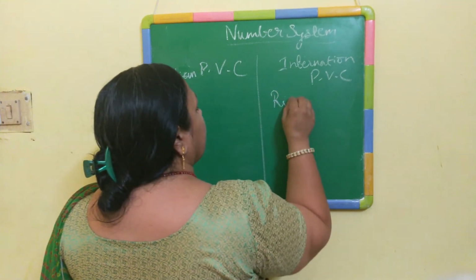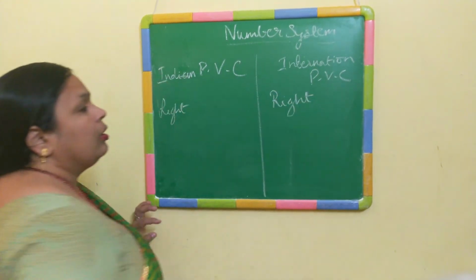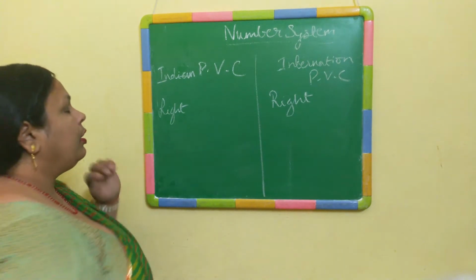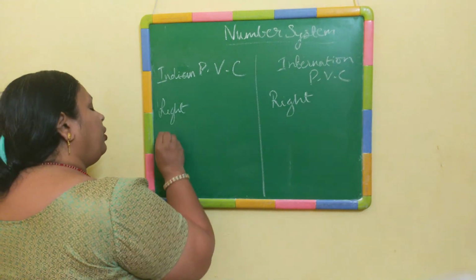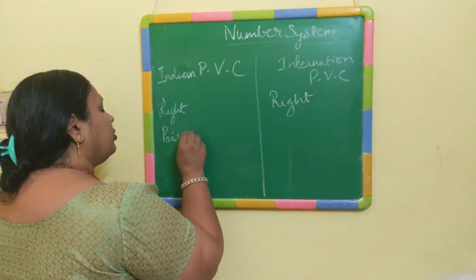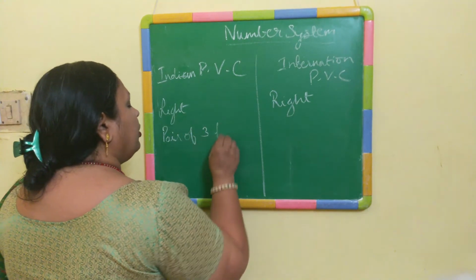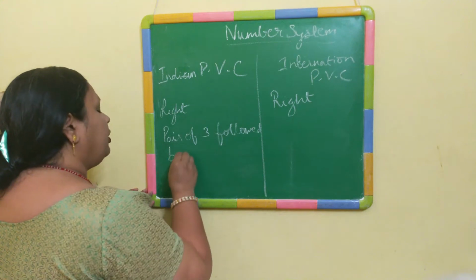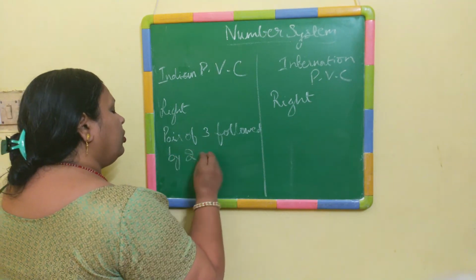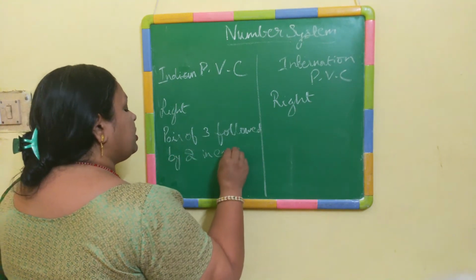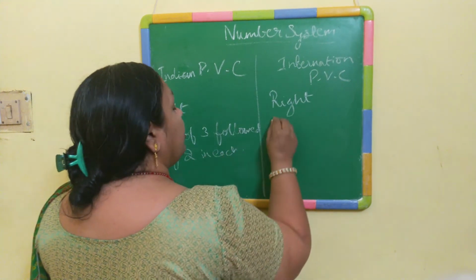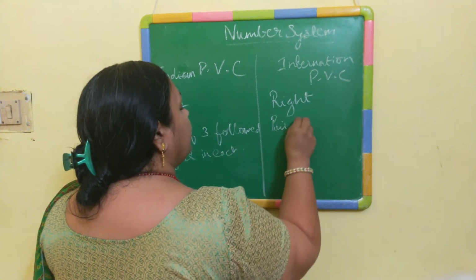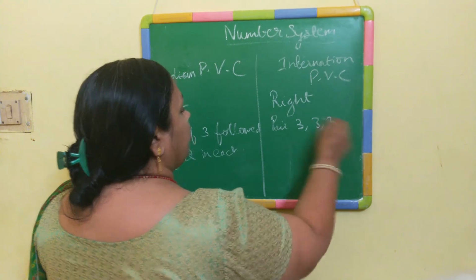Clear? Both start from the right. Here we have a pair of 3 followed by 2 in each successor, whereas here the pairs are of 3, 3, 3.